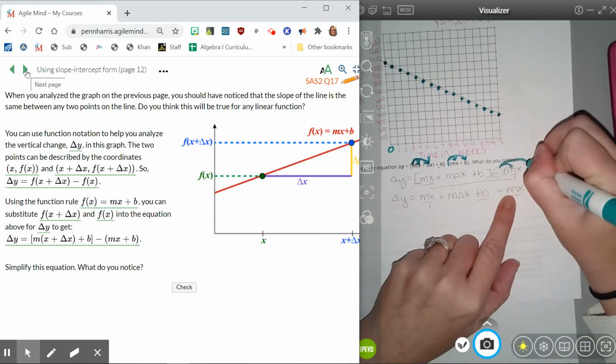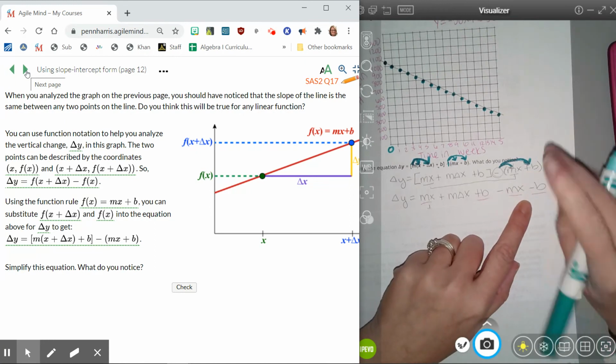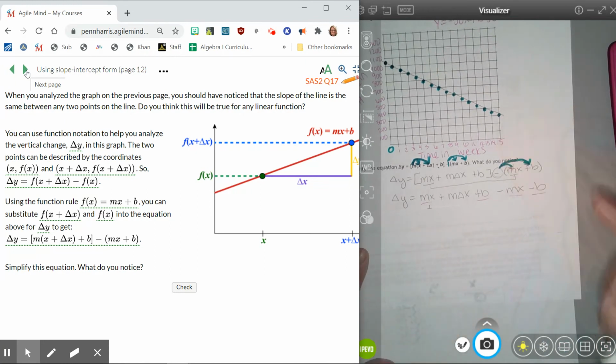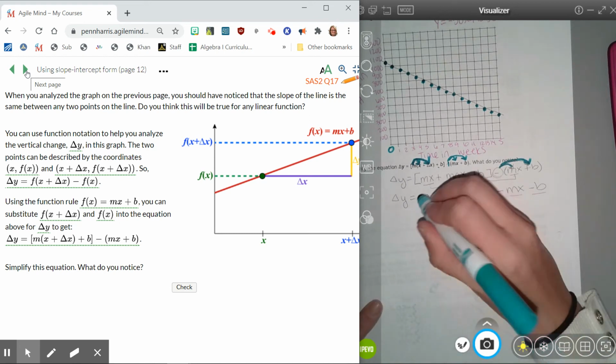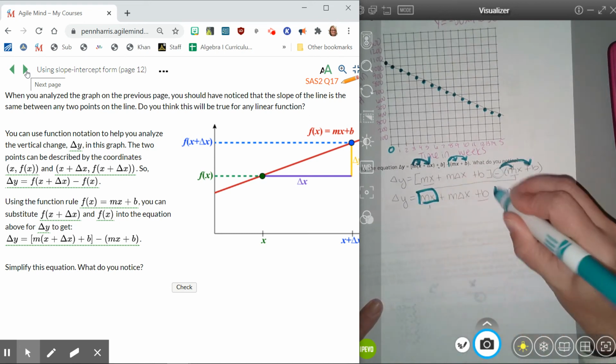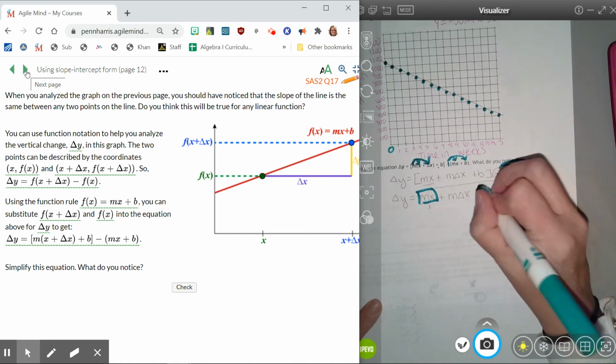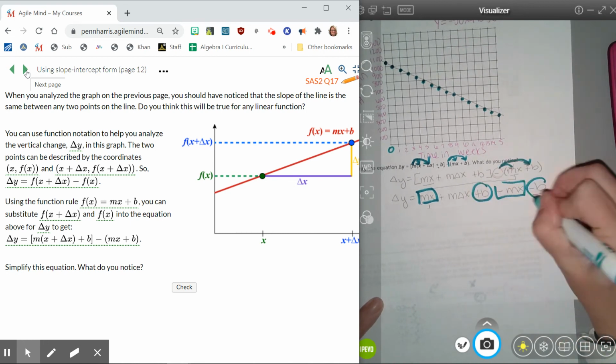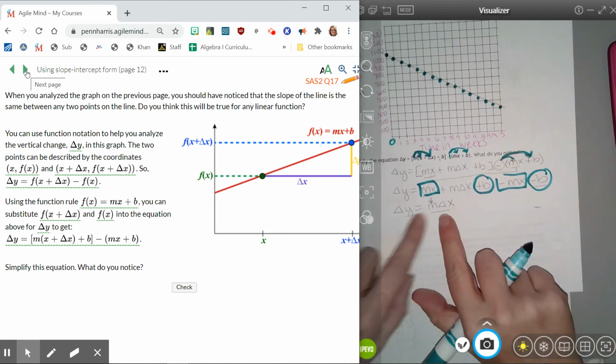So now what we're going to do is combine like terms. Remember, like terms have to look identical. MX and minus MX cancel out, and then plus B and minus B cancel out.